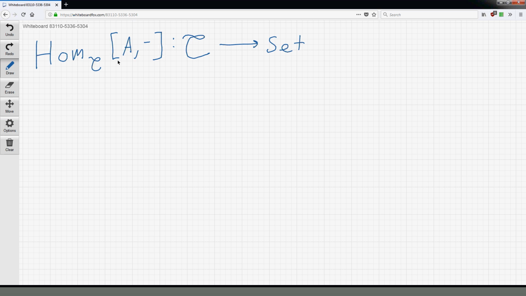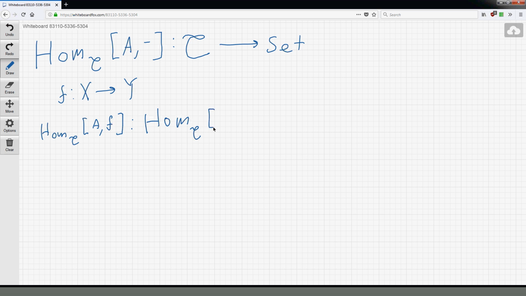If we have a function x, y, that's going to map to a function from the Hom sets. And of course, the way this works is you have a function here.